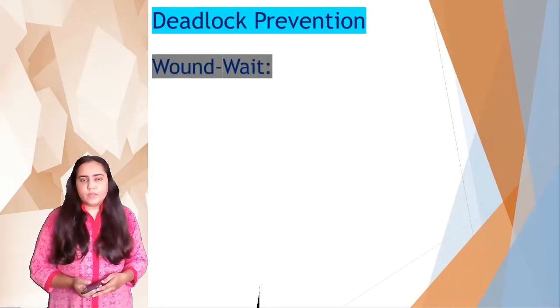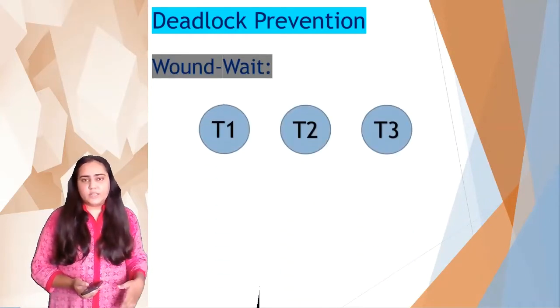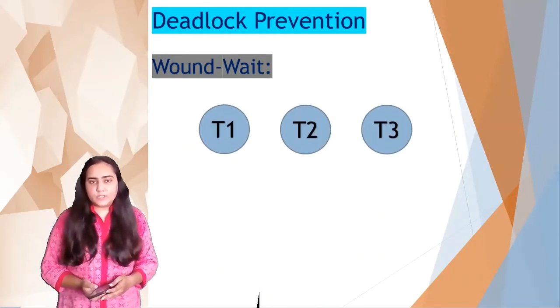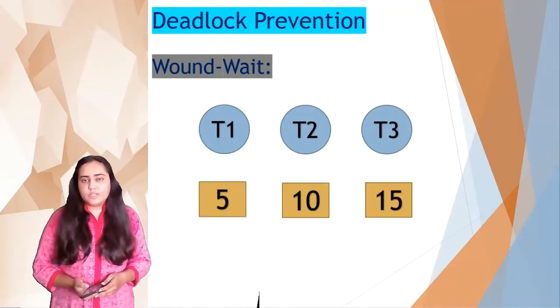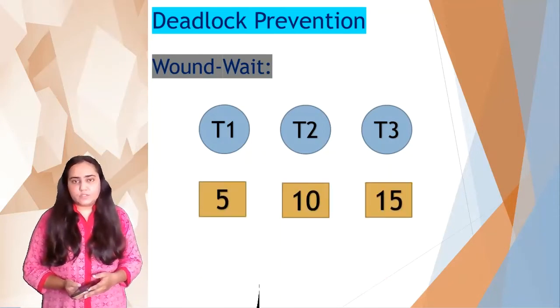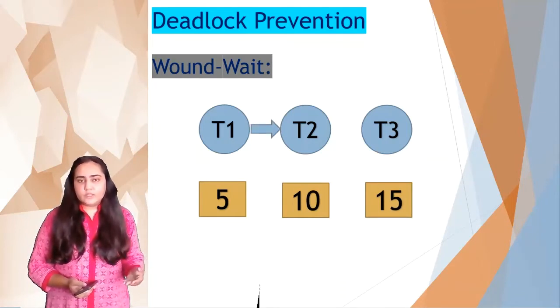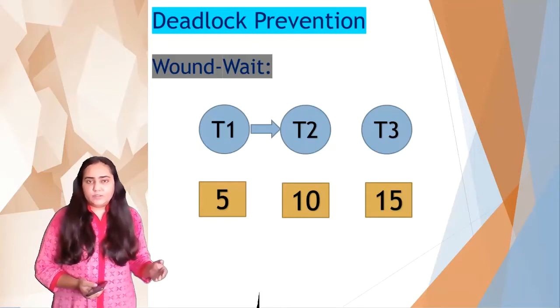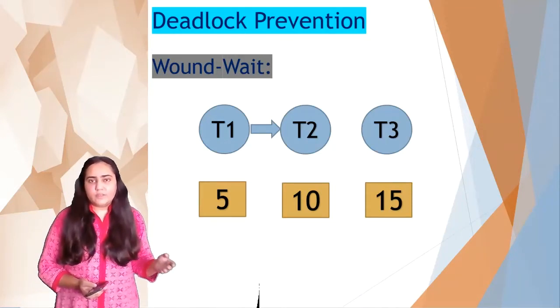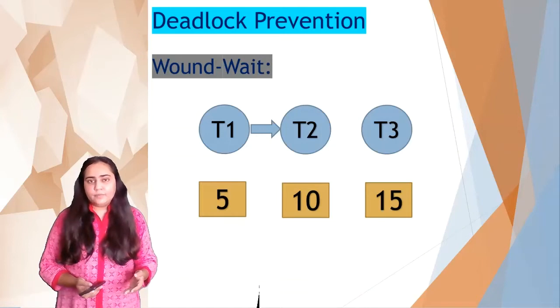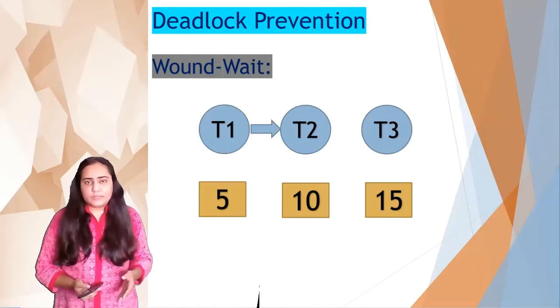example. So first of all, once again, consider three transactions, T1, T2, and T3, with three timestamps 5, 10, and 15 respectively. And now assume that T1 wants a data item from T2. So in this case, the timestamp of T1 is 5 and the timestamp of T2 is 10. So T2 is the younger transaction.